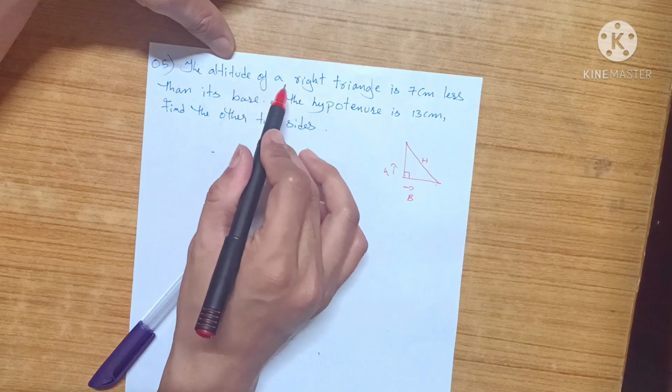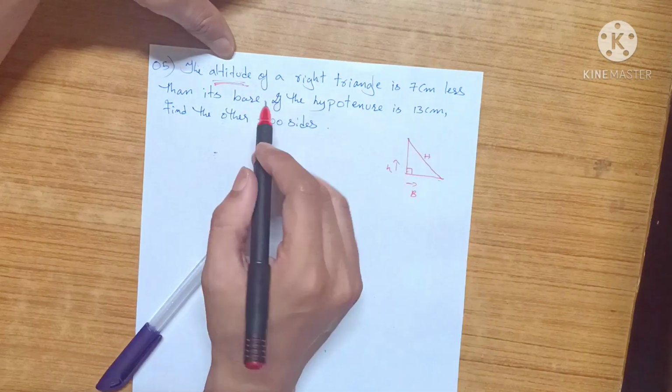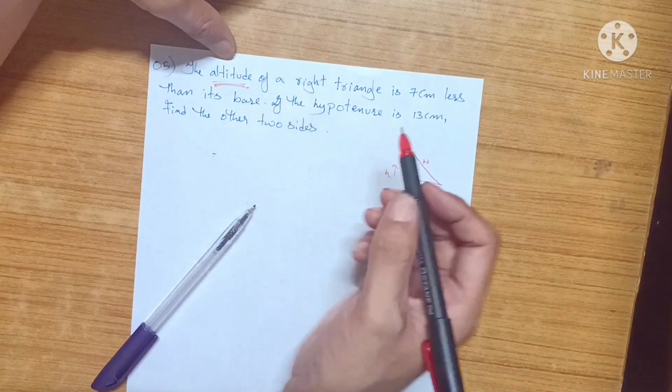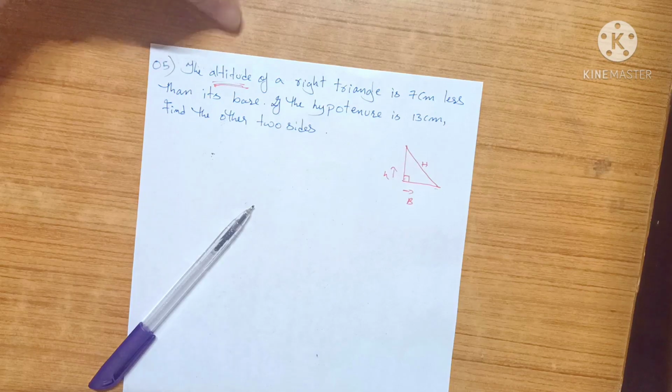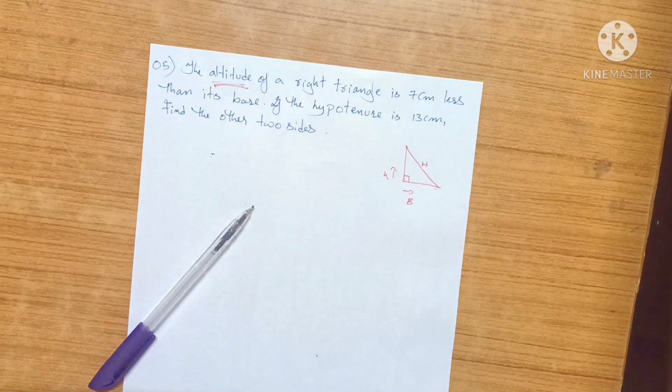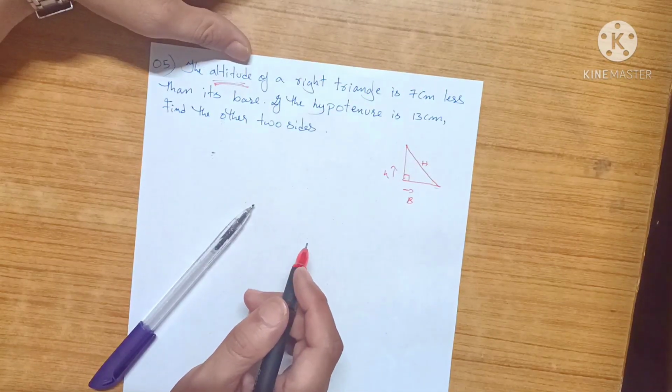Altitude means height only, okay? Remember that. Of a right angle triangle is 7 centimeter less than its base. I've already told you, I think, or have I not? I don't know. But see, whenever there's a question about this stuff, always take the smaller value as x. It makes things way easier, okay?